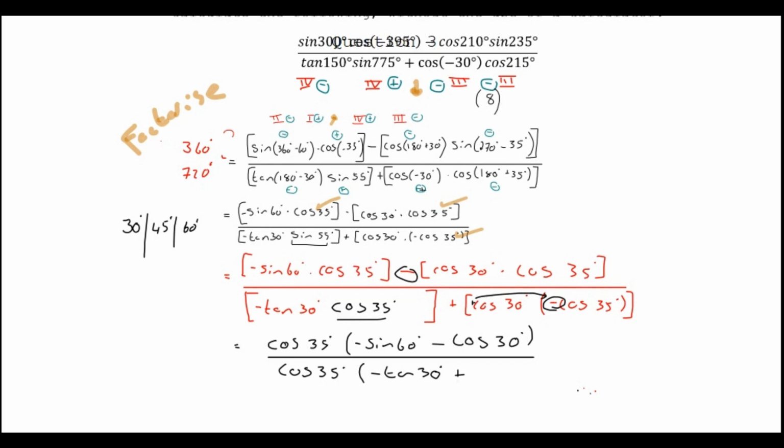So we will not have a plus anymore, we will have a minus cos of 30 degrees. Okay, cool thing is this cos 35 and that cos 35 will now disappear. And what we can now do is we can consider our special angles. Now, special angles has a summary table as follows.